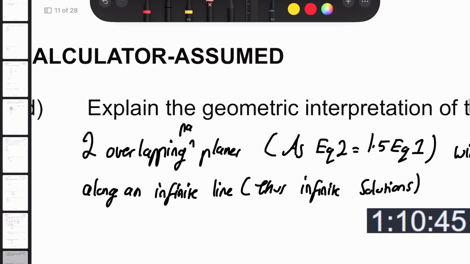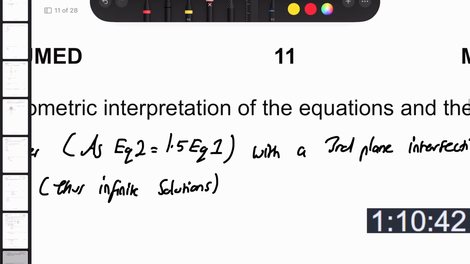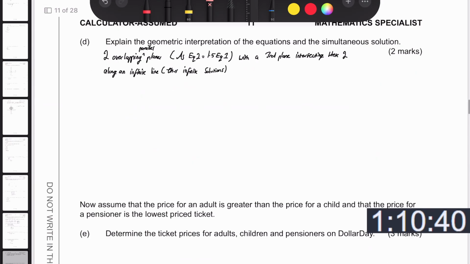Two overlapping parallel planes, and this intersects along an infinite line.